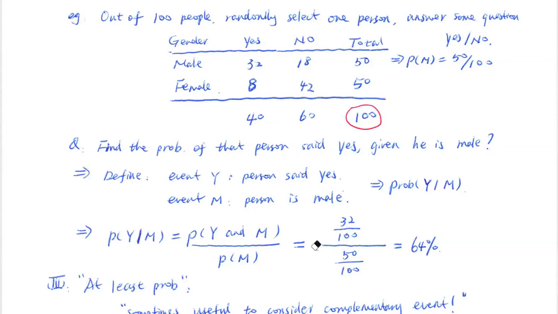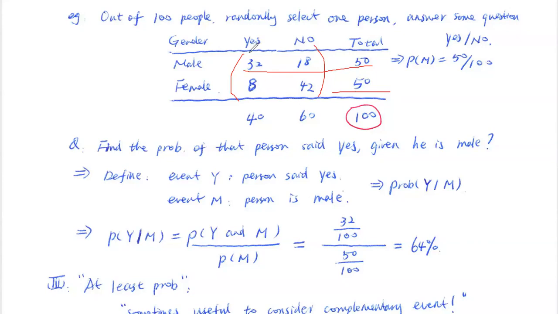Those are the information we are given, a 2x2 table. On the homework and on the exam, you have to do some calculation by yourself, everybody. What's the total for each row? How many female, how many male? 50, 50, which happen to be the same, though not always.